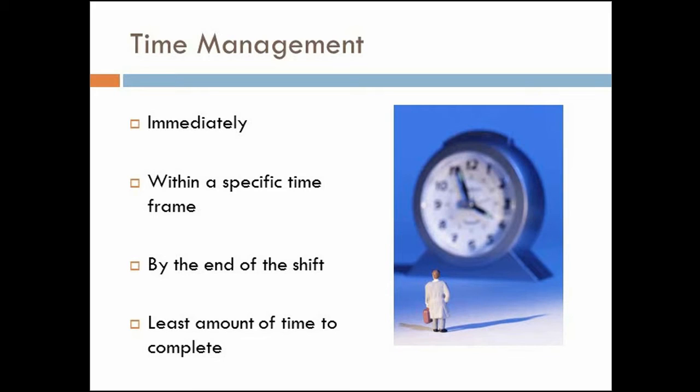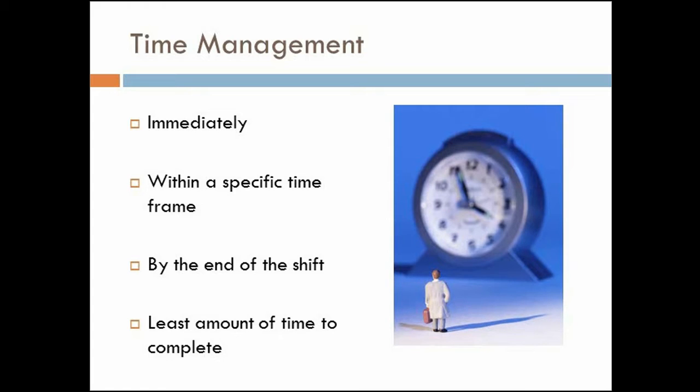Another strategy that we can prioritize by is time management. I love time management strategy because it's not always that your patient is not doing well. With the ABCD method, that kind of lends itself to an unstable patient. Life over limb, again, kind of lends itself to an unstable patient with an acute problem.